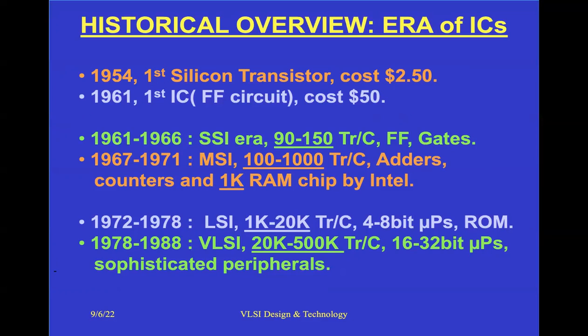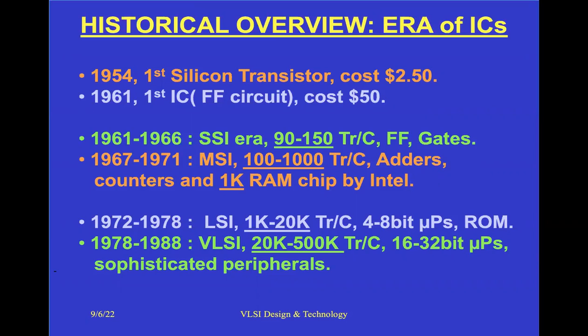Then from 1961 to 1966, SSI came into the picture, which is small scale integration, with a few hundred transistors. In MSI, a few thousand. In LSI, about 10,000 to 20,000. VLSI took it to the next level, close to 100,000.